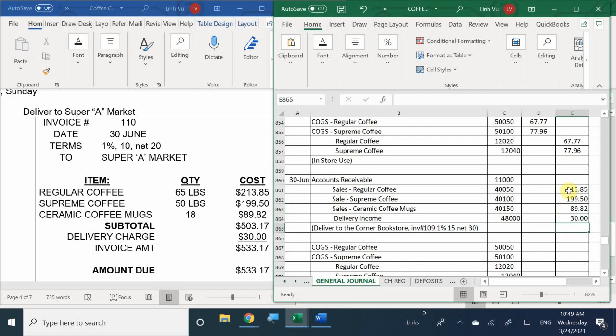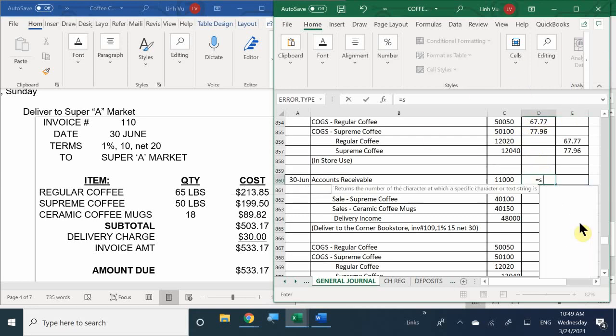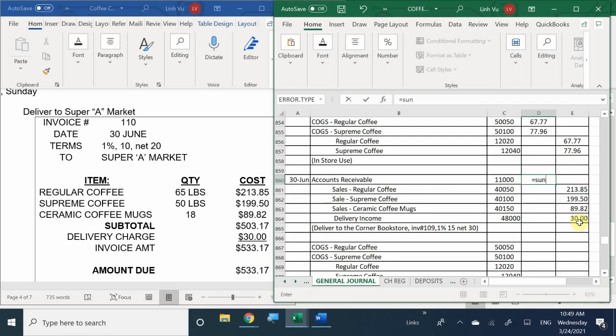And the delivery charge. 30. Okay, so in grand total, so I'm going to equal sum my accounts here. $533.17. I should get 533.17, so perfect, and I match my invoice.